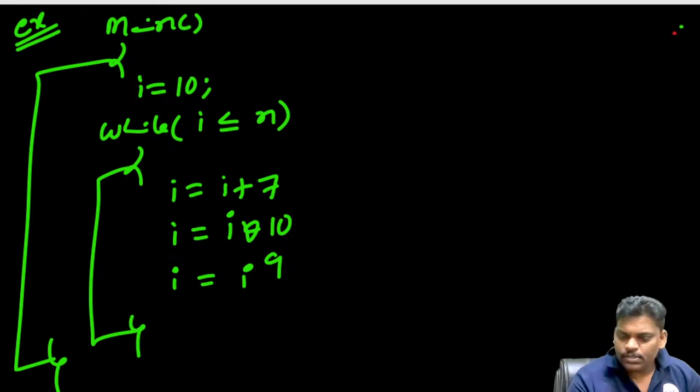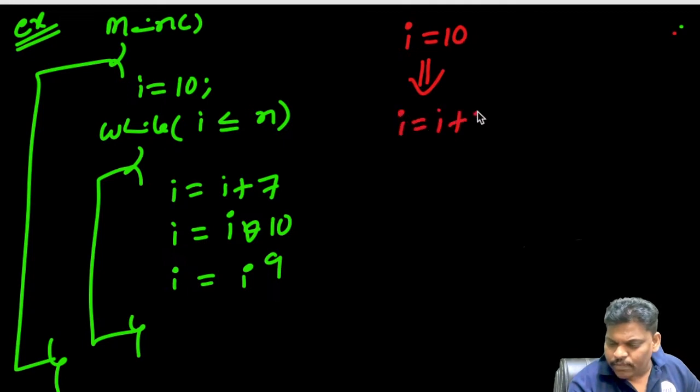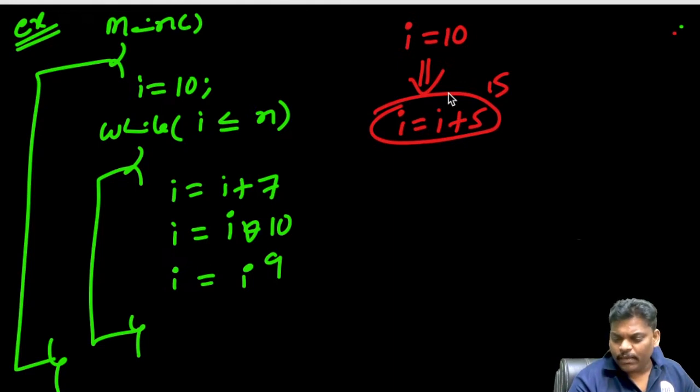Everyone listen one time. Assume that i is equal to 10. If i is equal to 10, then i = i + 5, so it became 15.